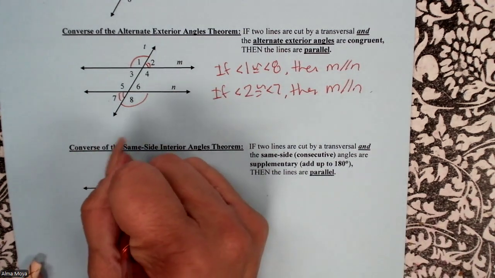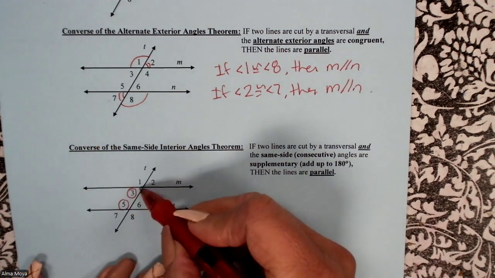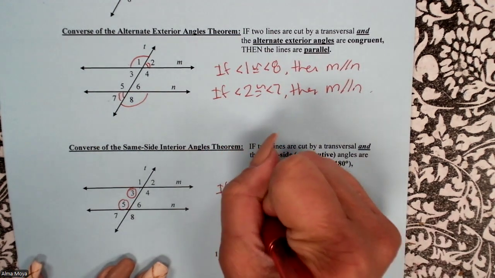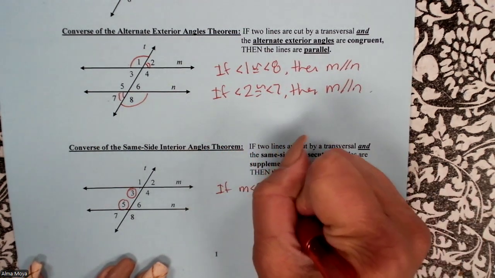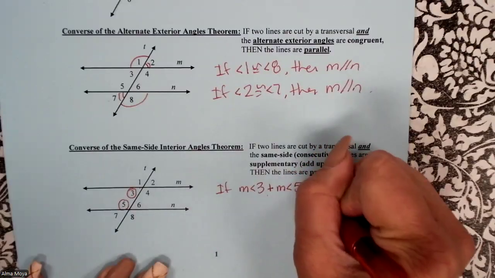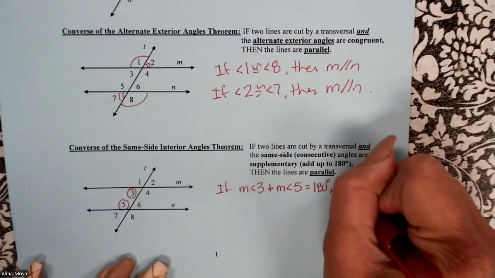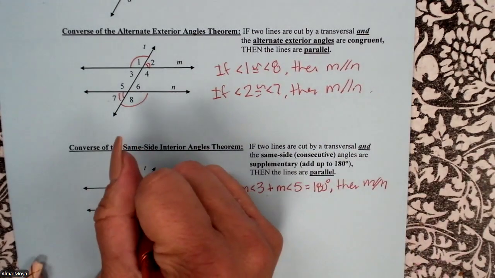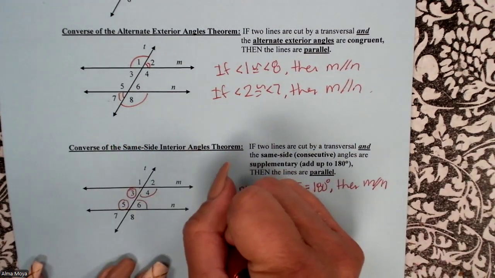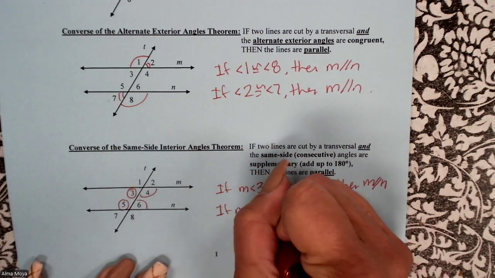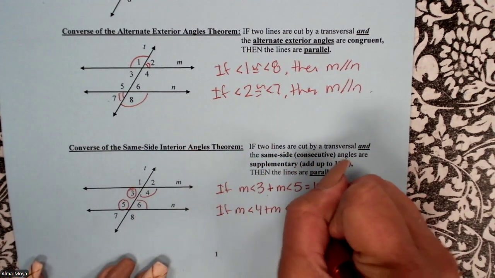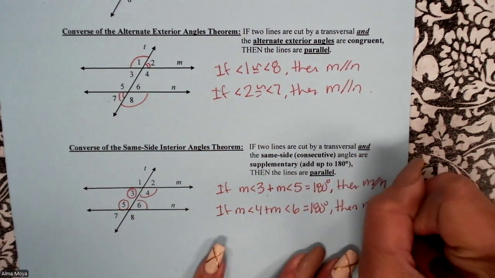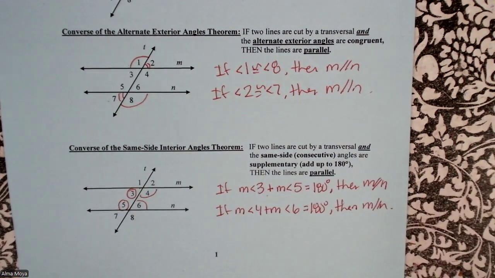If the measure of angle 3 plus the measure of angle 5 is equal to 180, then that means M and N are parallel. And then here we have 4 and 6. If the measure of angle 4 plus the measure of angle 6 equals 180, then M is parallel to N.